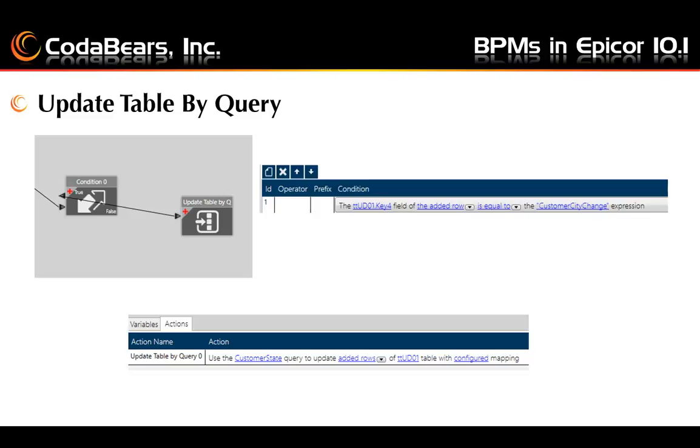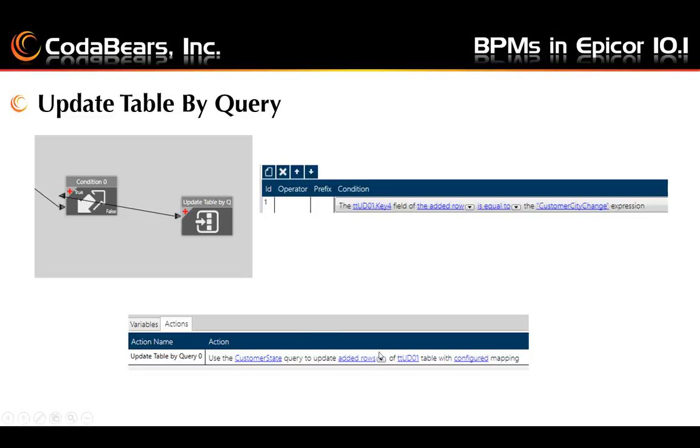The second box shows the summary of what is done in the update table by query step. Again, you define a normal BAQ, and you can use temporary tables and ERP tables, but you will not be able to test your results inside the designer. Then you select which rows are going to be affected for your update, and then you select which table you want to update as the third element.